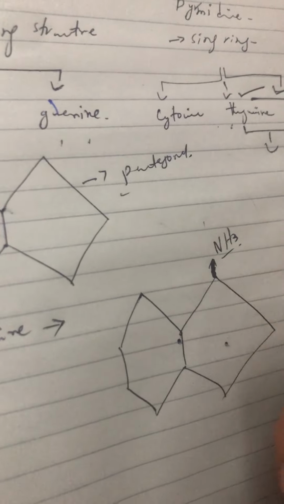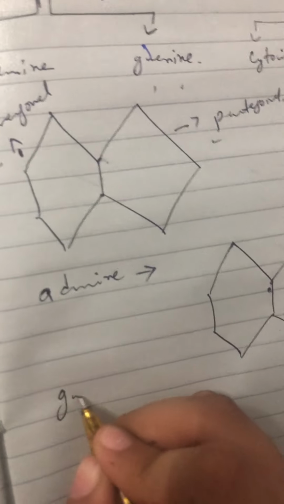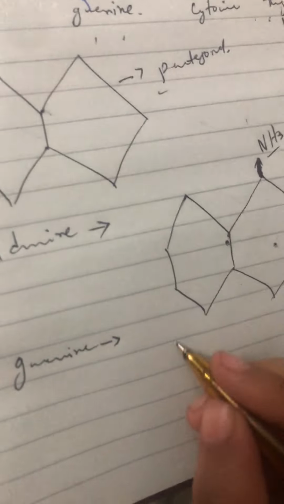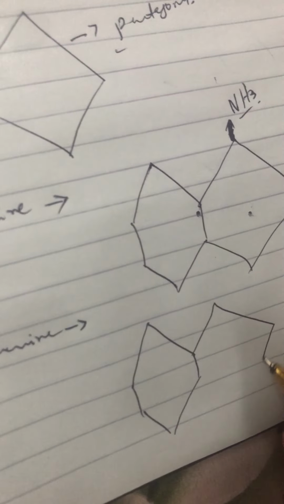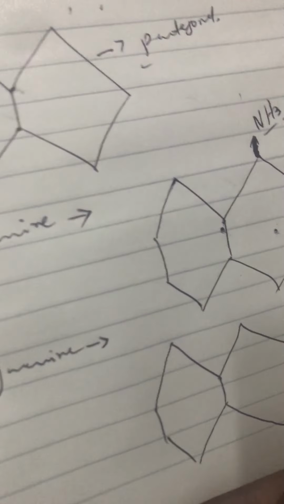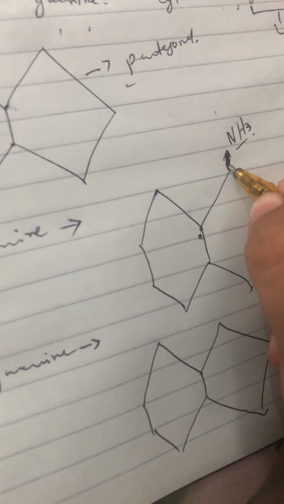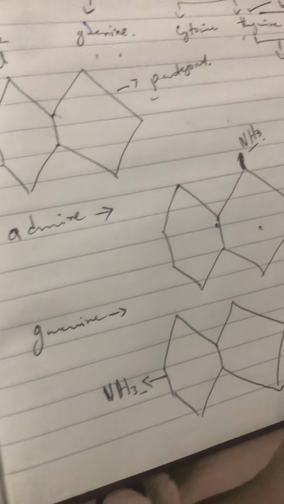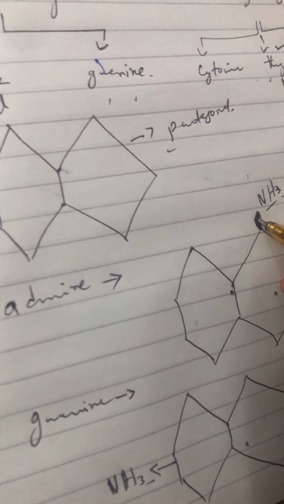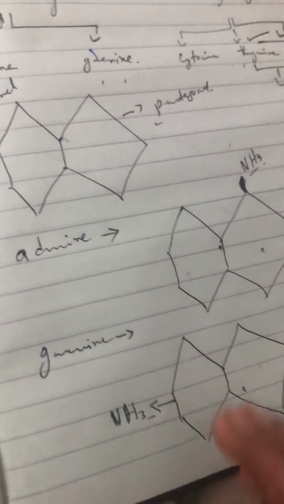If we talk about guanine, it also has a double ring structure, but there is a difference in the radical. The amine group will be present on the side. These both are double ring structures, but the amine group is present on top in adenine and on the right side in guanine.